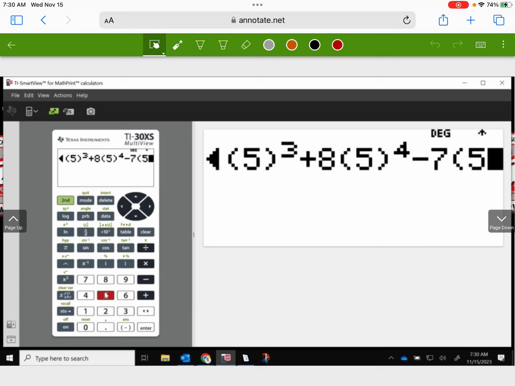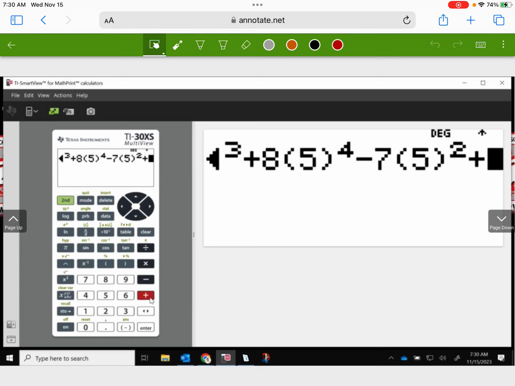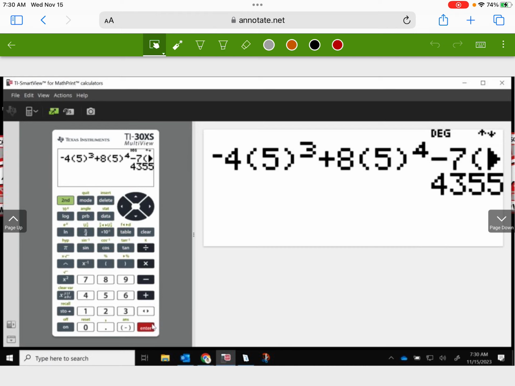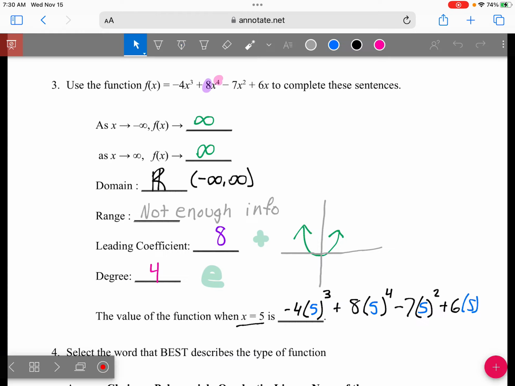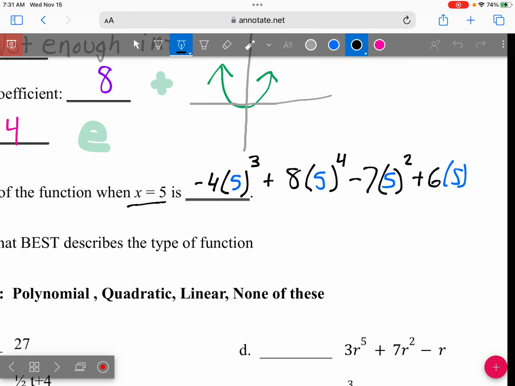Minus 7 times 5 squared plus 6 times 5 equals 4355. So it's a big number, but it's just practicing typing it into the calculator.